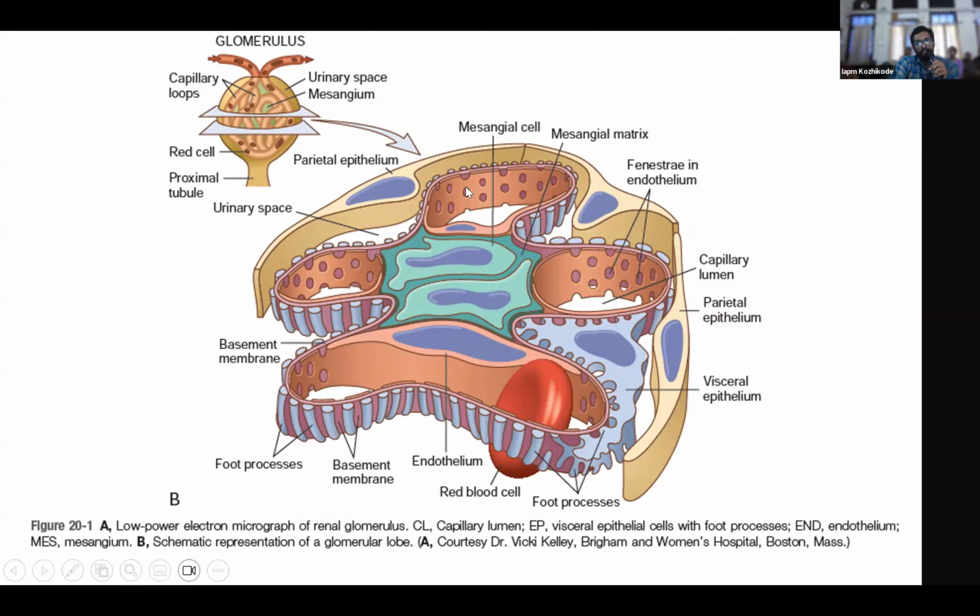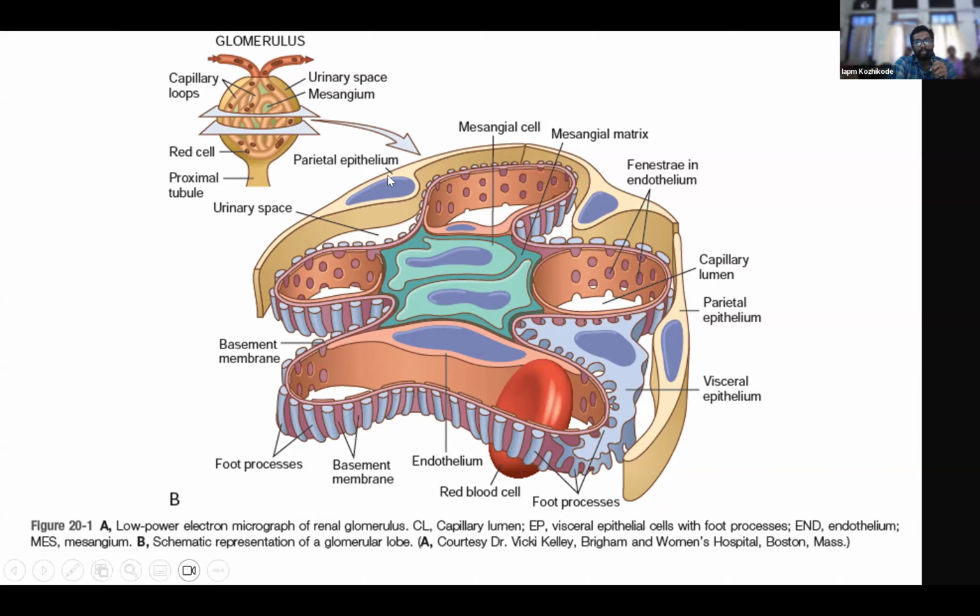For the purpose of describing the disease, we are going to divide the glomeruli into two compartments. The happenings that are going to be inside this basement membrane, meaning inside this subendothelial space, this capillary, this mesangium, everything is one space. The boundary of that space is the basement membrane.